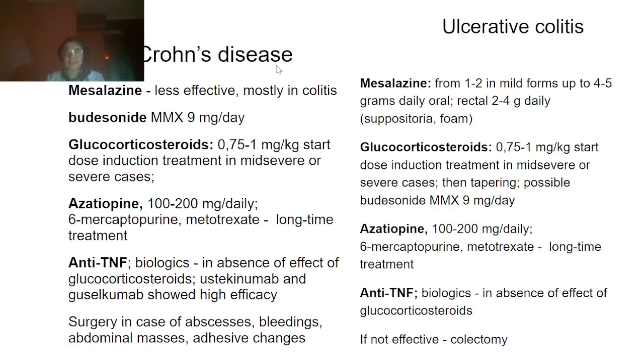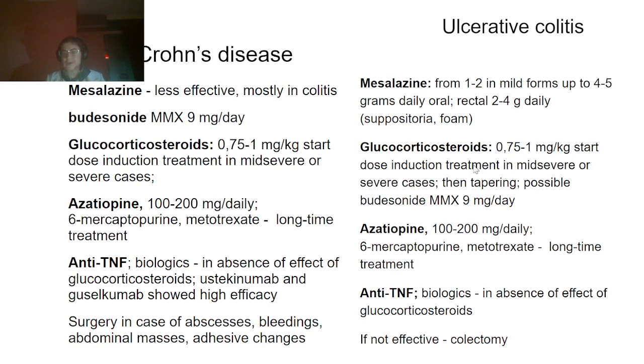The treatment is a little bit different. For ulcerative colitis, the mainstay is mesalazine, which is used in any type of activity, and it is used orally and rectally. Glucocorticosteroids are used for moderate and high activity, with the start dose in moderate 0.75 mg/kg prednisolone, and in severe 1 mg/kg prednisolone.